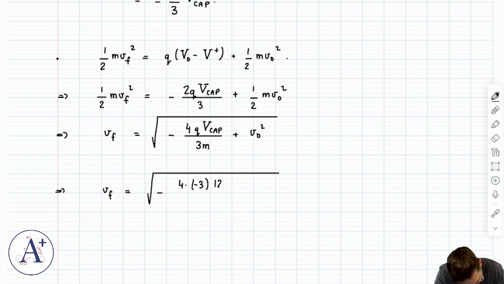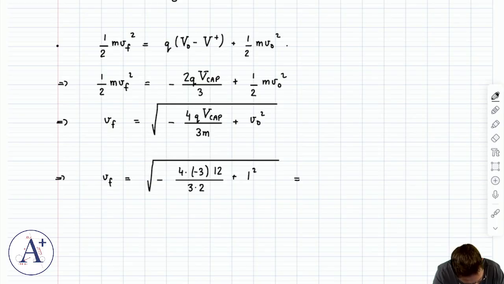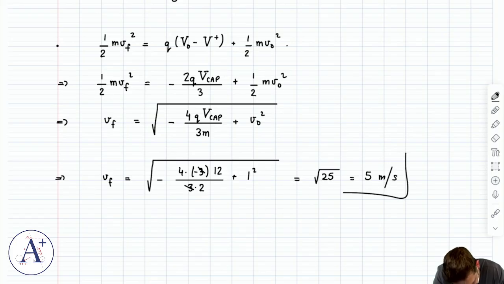V cap is 12 because it's the voltage of the battery. 3 times 2, that's for the mass m, and then plus v0 is 1 meter per second. And so this is going to be, well, 3 goes away, the minus goes away. I get 2 upstairs times 12 is 24 plus 1 is 25, so I get root 25, how convenient, which is 5 meters per second.